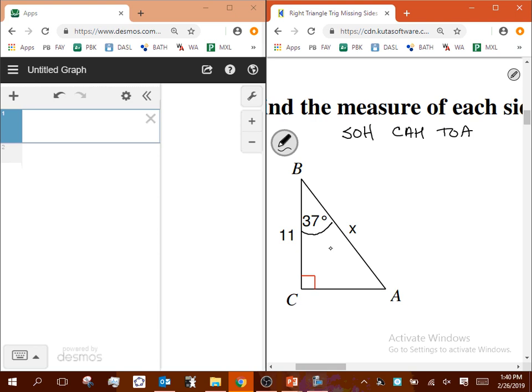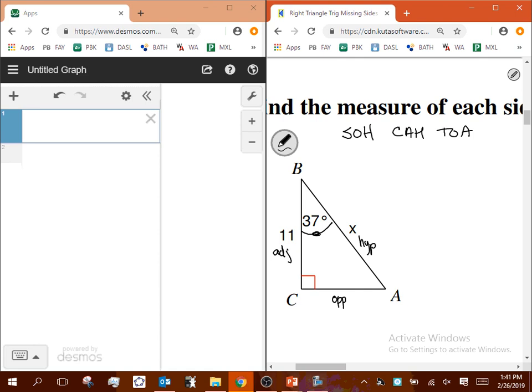You guys agree that this would be opposite? We talked about yesterday how, if this is like an eyeball, it's looking at that side, right? Okay, so that's opposite. What would x be? Hypotenuse, and 11 then adjacent. Okay. So now we have enough information to actually deal with all 3 of those trig ratios.